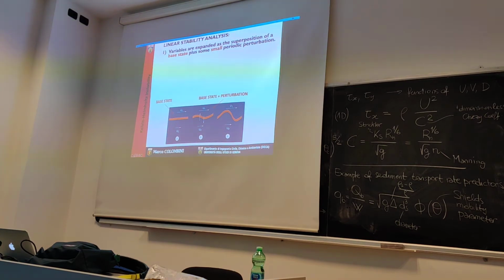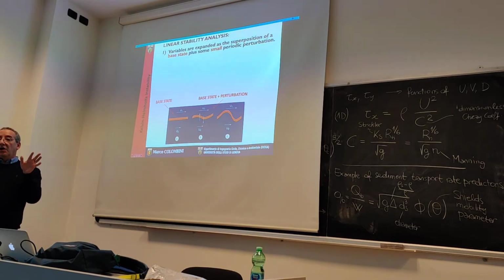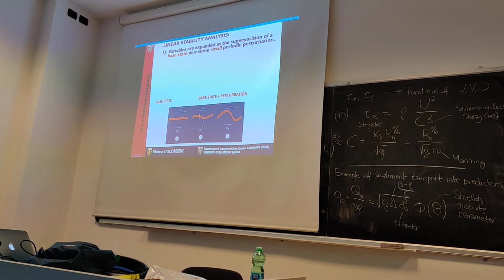I have solution B, which is another solution of the same equation. Then every linear combination of these two solutions is automatically a solution of the complete problem. Okay?